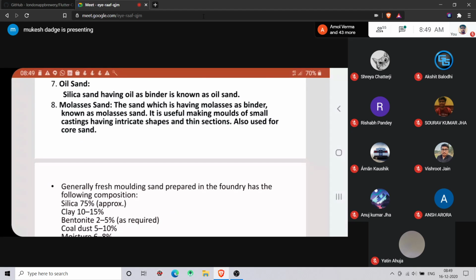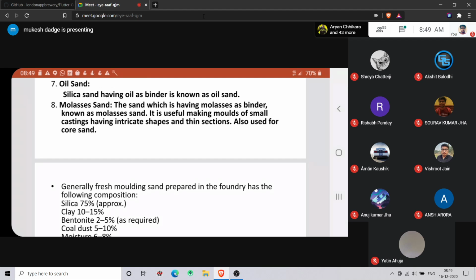What is molasses? Sugar cane. If you remove the sugar or liquid from the sugar cane, whatever remains is called molasses. It is used in making molds of small castings having intricate shapes and thin sections, and also used for core sand.